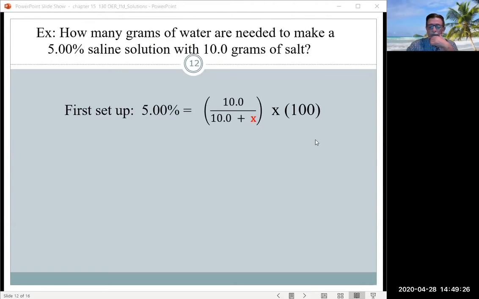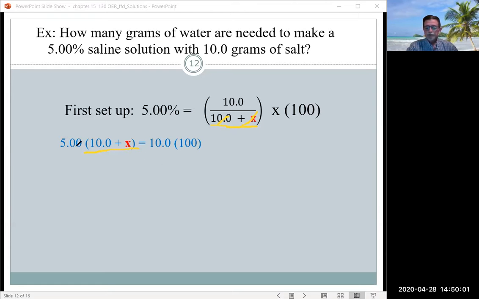So let's take the first one. Okay. Well, you see what they did here? They're trying to isolate x. To refresh your memory in algebra, if your algebra is okay, then no worries. But to refresh your memory, what they did here, they multiplied both sides of the equation by the quantity of 10.0 plus x, which means it gets canceled on the right side and it ends up on the left side, okay?